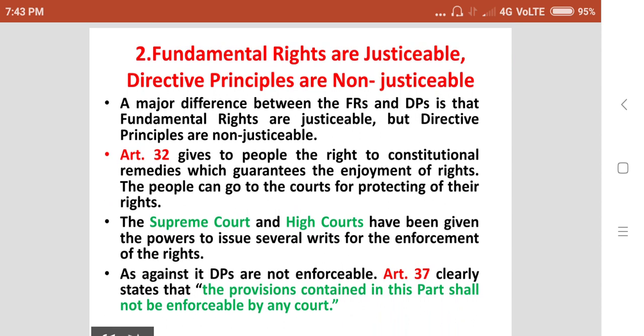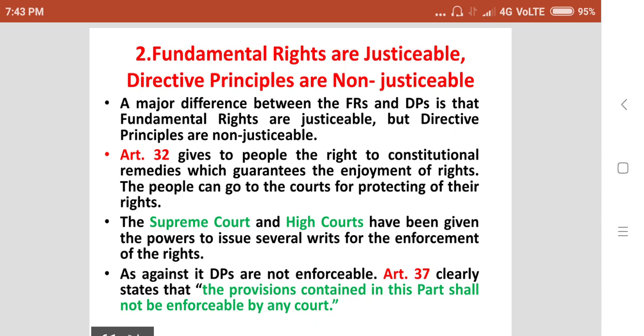Second difference, fundamental rights are justiciable, directive principles are non-justiciable. So, a major difference between the fundamental rights and directive principles is that fundamental rights are justiciable, but directive principles are non-justiciable.